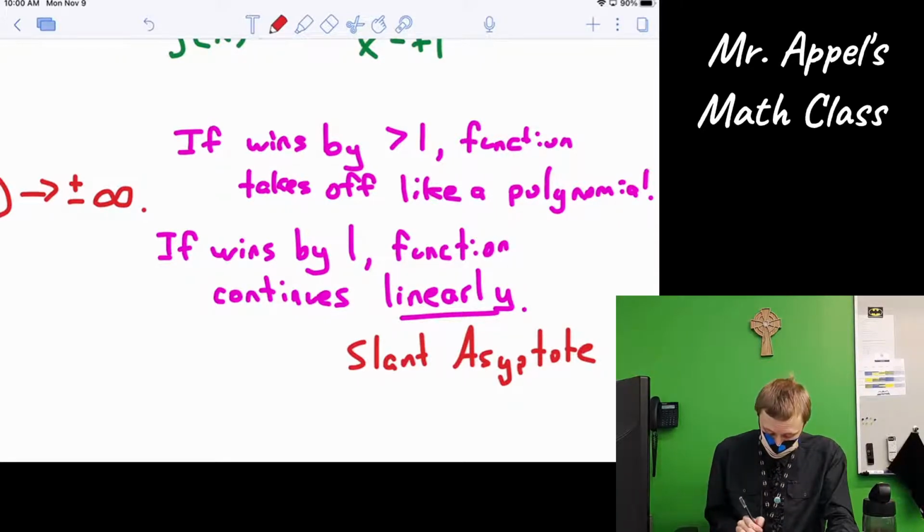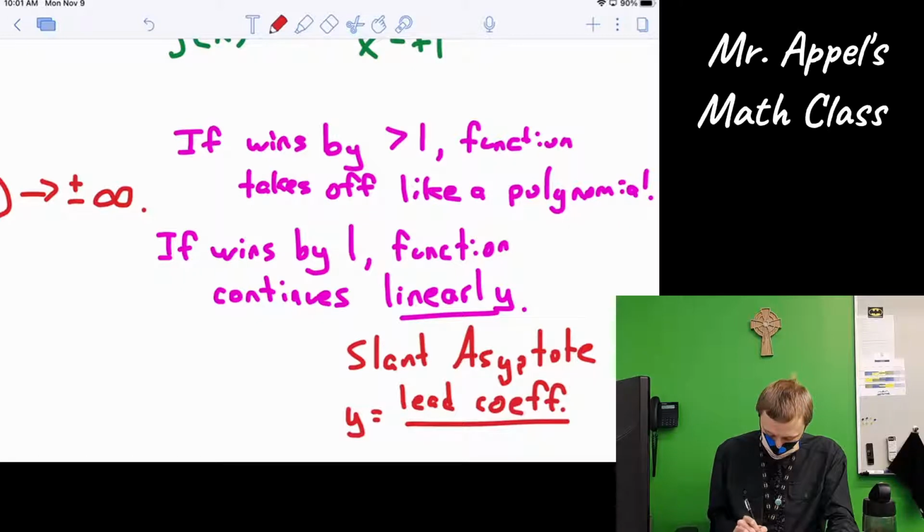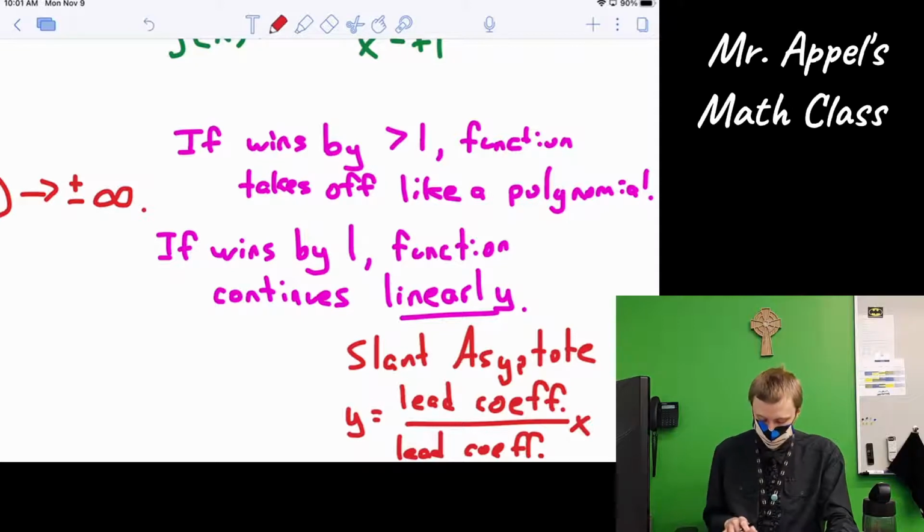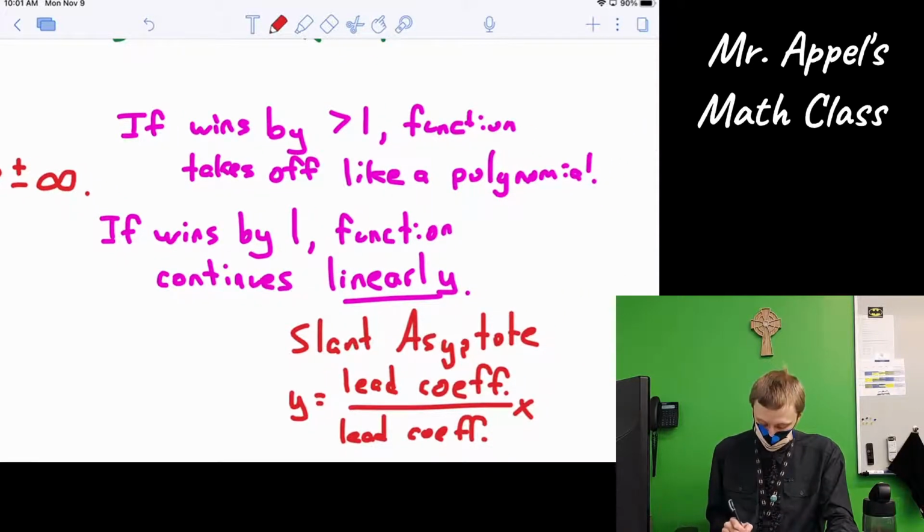Okay? And it's going to be equal to your lead coefficients plus whatever constant on top, right?